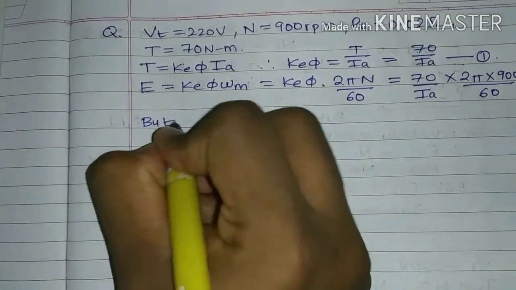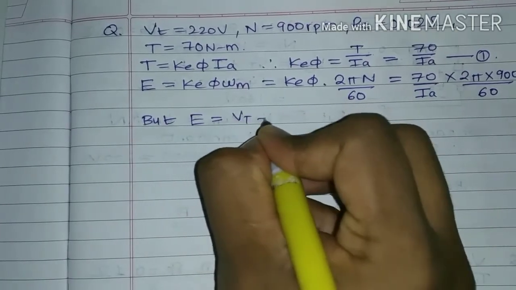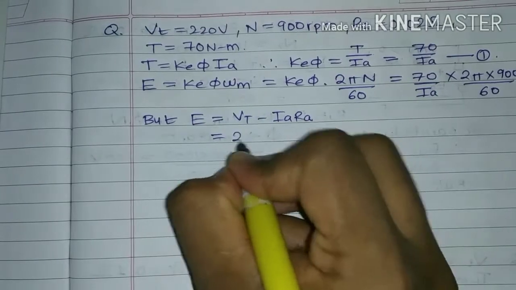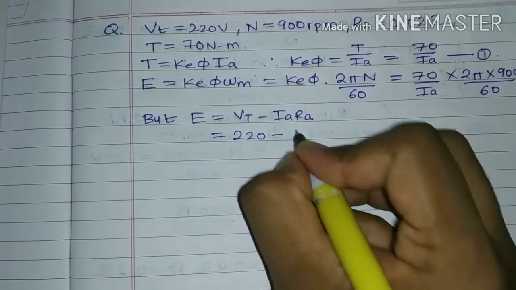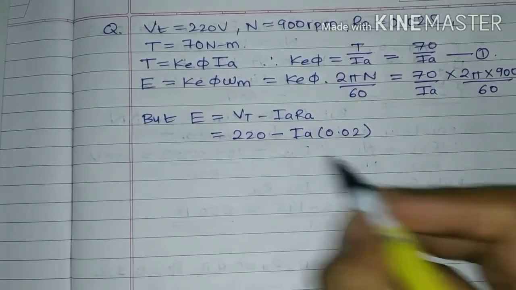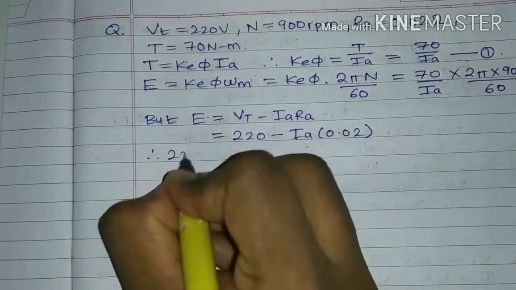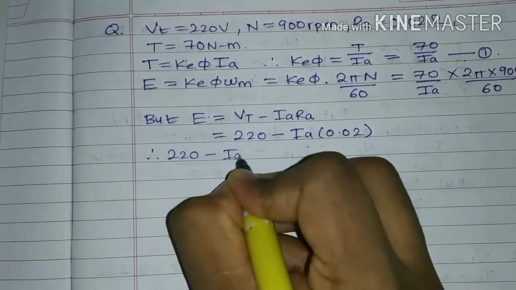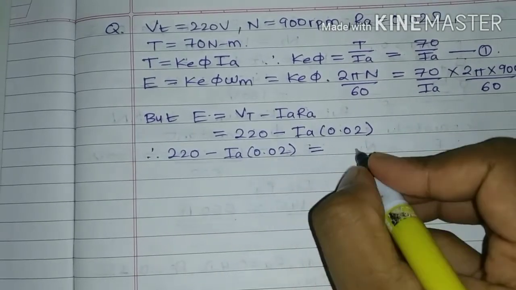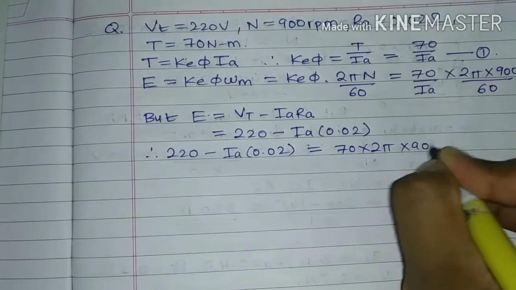But E is equal to Vt minus Ia into Ra, which is equal to 220 minus Ia into 0.02. Now on comparing both the equations of EMF, we can write that 220 minus 0.02 into Ia is equal to 70 into 2 pi into 900 upon 60 Ia.